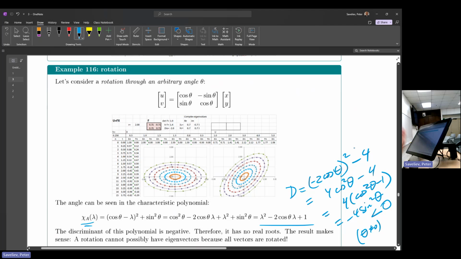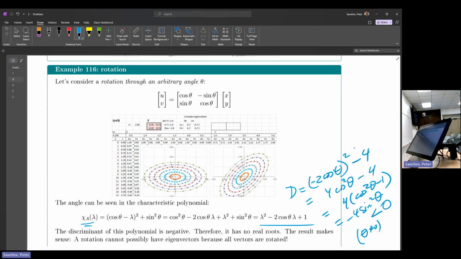Then the whole number is negative, the discriminant is negative, and we do not have any real roots, so we are stuck. Without complex numbers, we cannot continue. So that's why we need all the background with complex numbers in order to handle these situations, where any kind of rotation is involved.